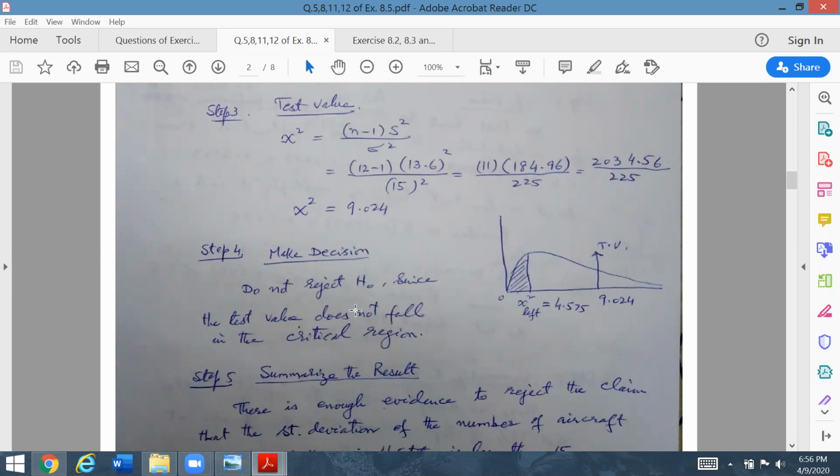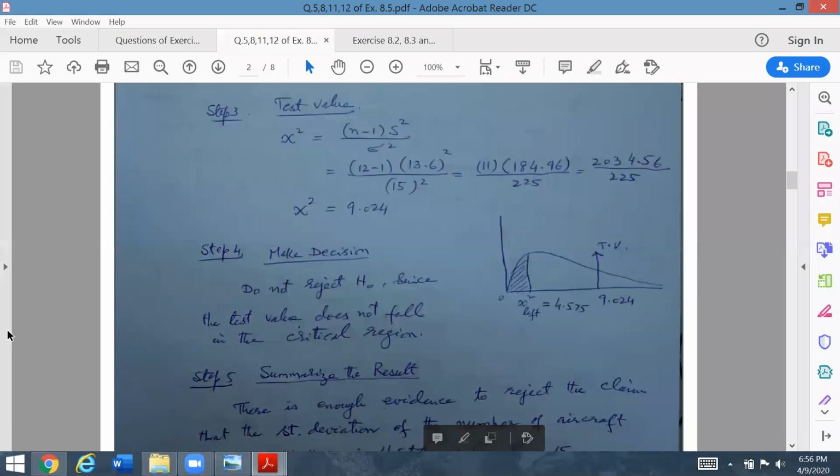The decision will be do not reject H0 since the test value does not fall in the critical region.